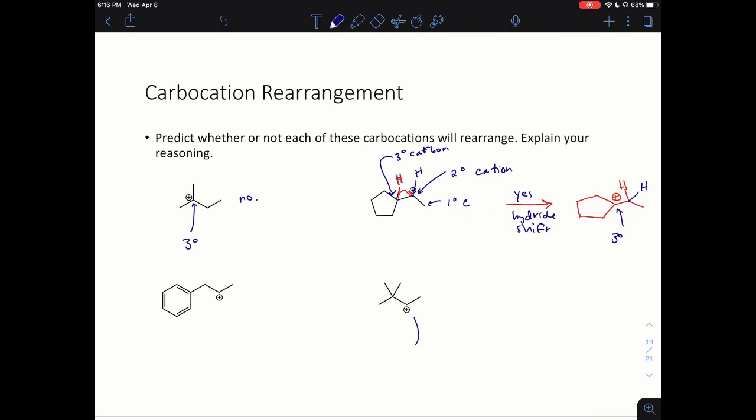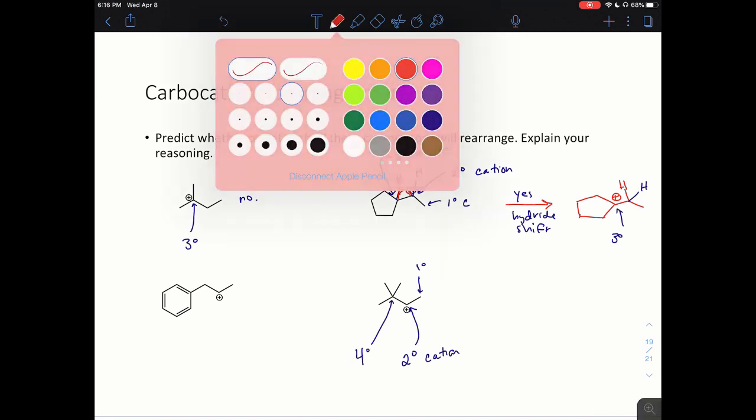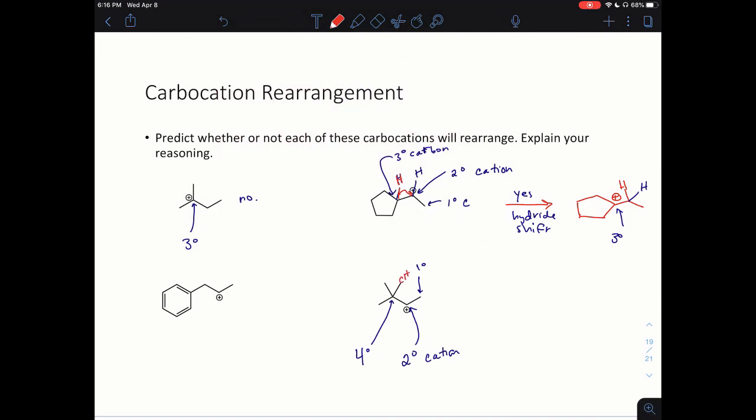Let's move down here. Well, we're on a roll with our secondary cations. So we have a secondary cation. It is adjacent to a primary carbon. That's useless, but also to a quaternary carbon. So this one, not so useless. We can have one of these alkyl groups shift over, and that will form, ooh, fancy.